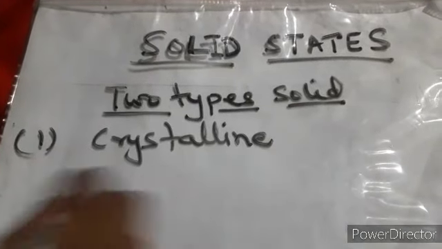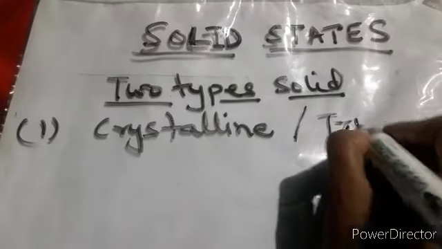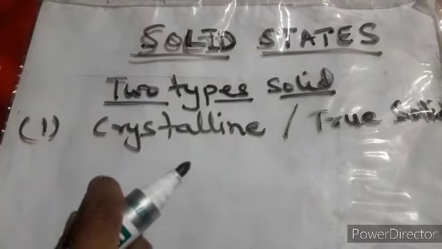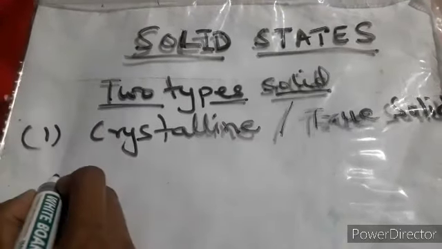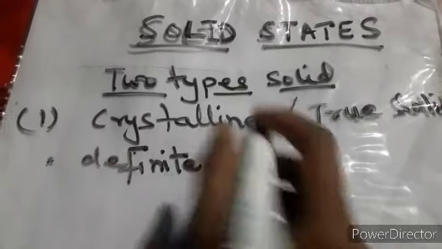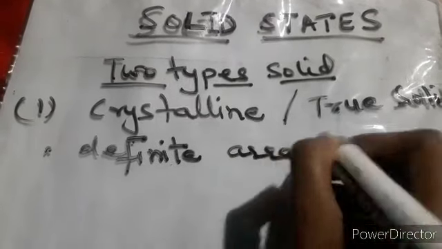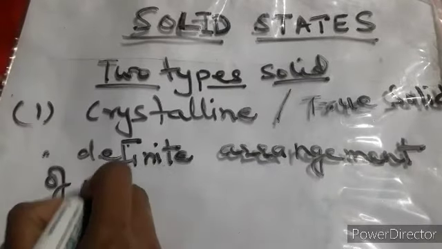Now we are focusing on the crystalline solids. You can write down crystalline solid, which is also known as the true solids. First, they have a definite geometry, or you can say a definite arrangement of particles.